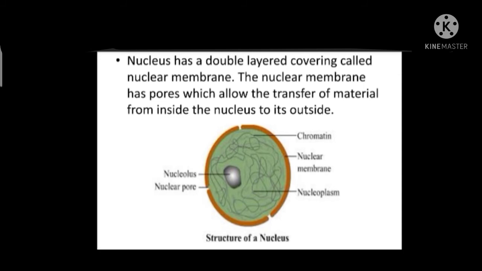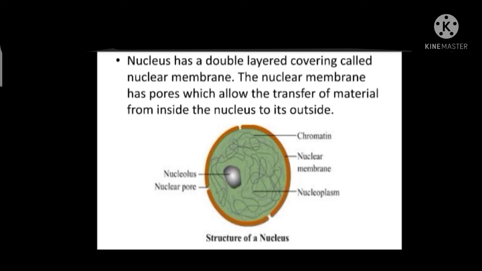But generally each cell will have one nucleus in it. Now, who discovered this nucleus? The nucleus was discovered by Robert Brown. Already you have studied that the nucleus was discovered by Robert Brown, in the year 1831.